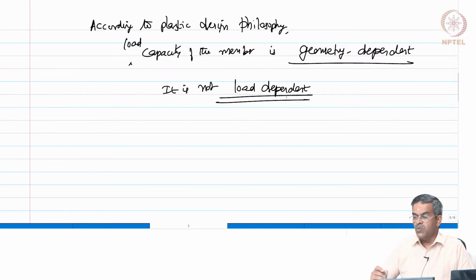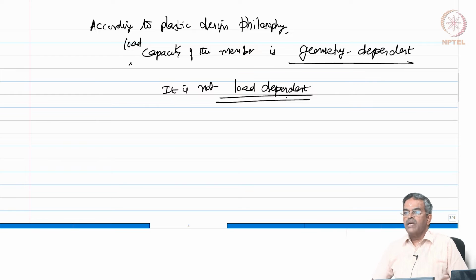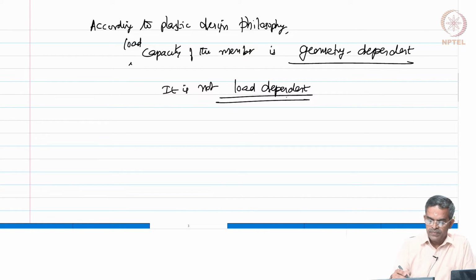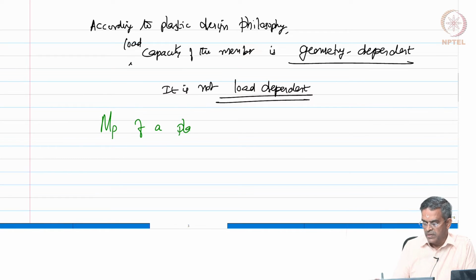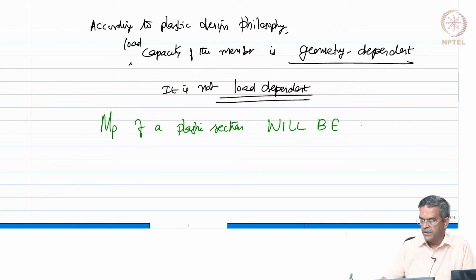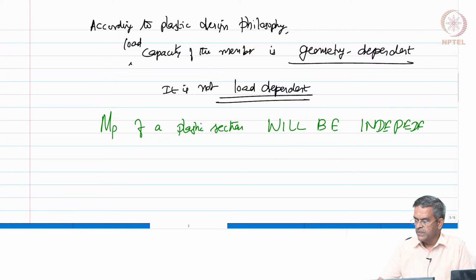I will later on prove that the moment capacity of a plastic section is independent of load. I will prove that. The moment capacity of a plastic section will be independent of load, friends. It is very interesting, no?